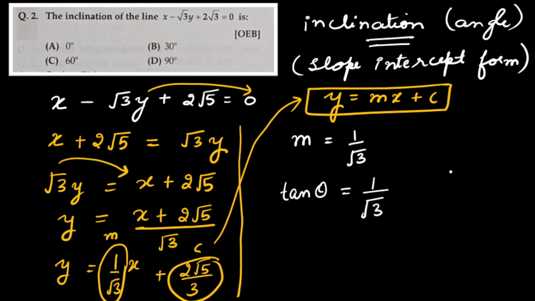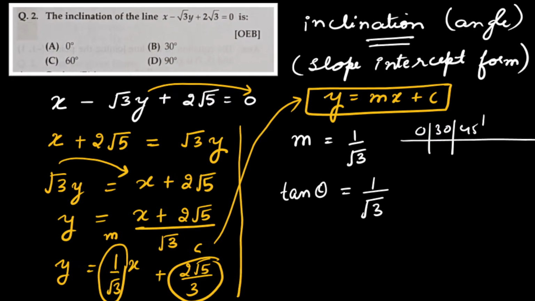I want you people to give me the answer. At which angle is the value of tan 1 by root 3? Standard angles we already know: 0 degree, 30 degree, 60 degree, 45 degree and 90 degree.